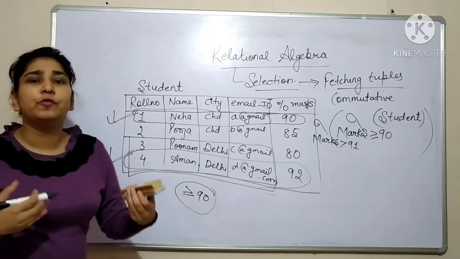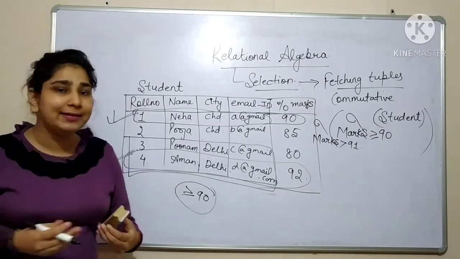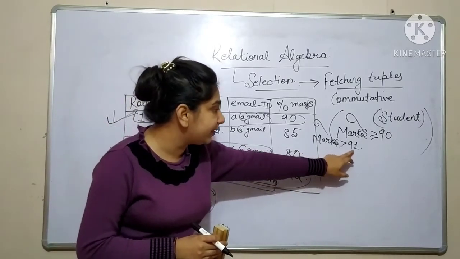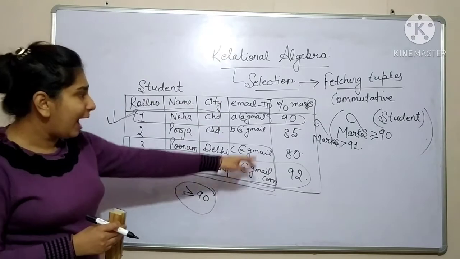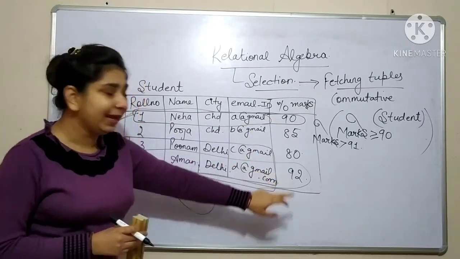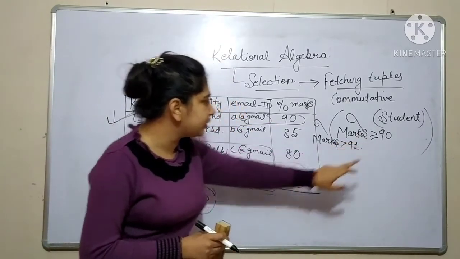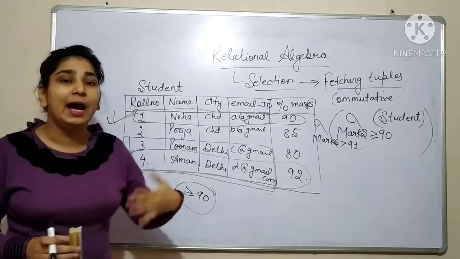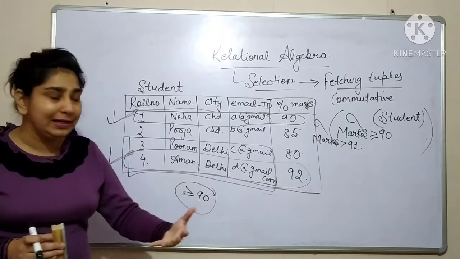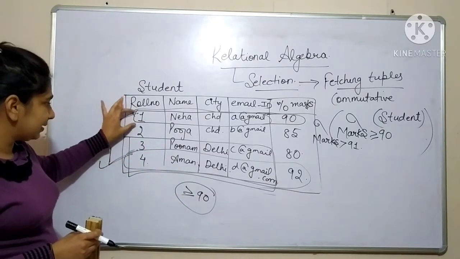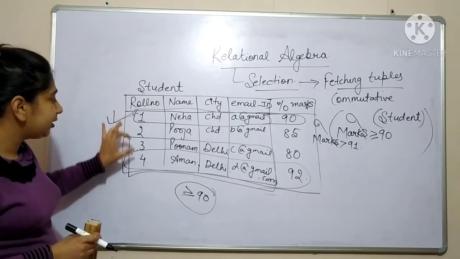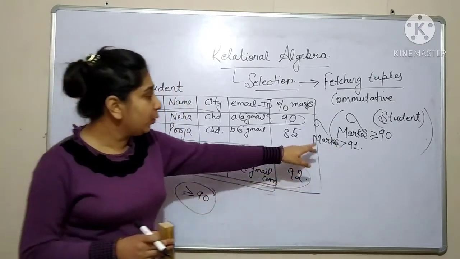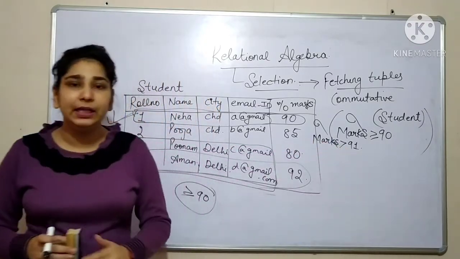The next filtering I am doing is fetching all the students whose marks is greater than 91. When I applied the first operation, I fetched these two tuples, roll numbers 1 and 4. Now I am applying one more filtering on these two tuples only: the students whose marks is greater than 91.